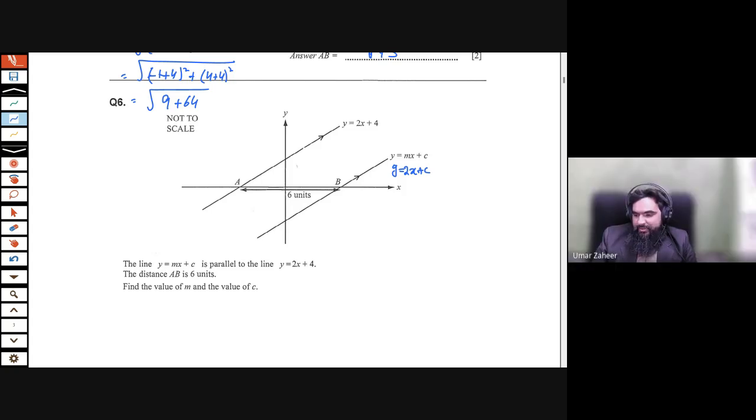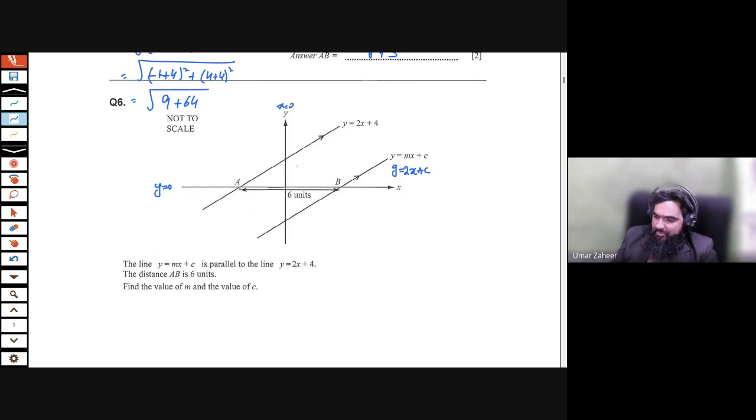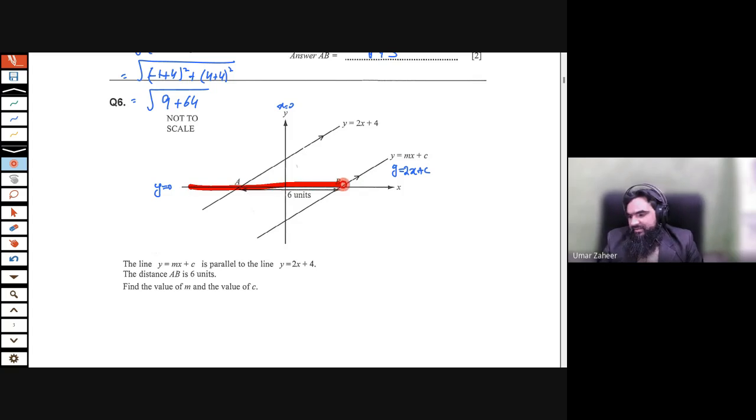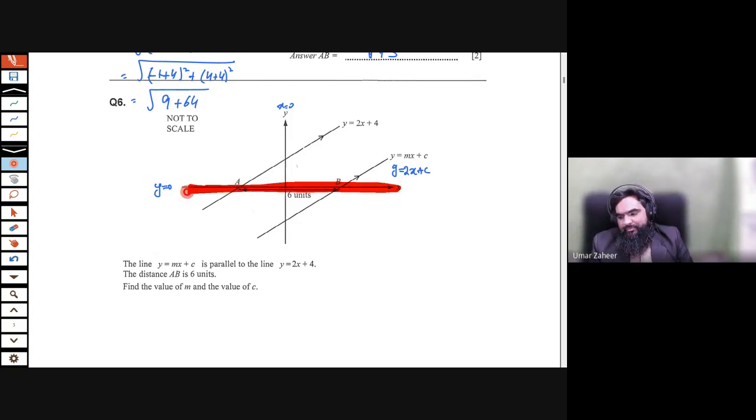We need to find the x-intercept, so we substitute y equals 0. For the y-intercept, we substitute x equals 0, and for the x-intercept, we substitute y equals 0. Because on the x-axis the y value is 0, and on the y-axis the x value is 0.